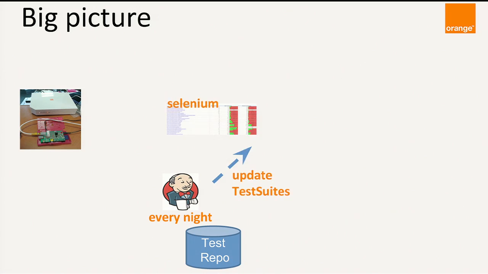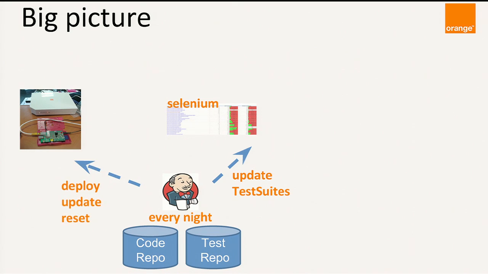It updates the Selenium context. It also retrieves all the code of our TV applications. It deploys this code on the STBs, reboots them, resets the context, as for any embedded device, as we've seen this morning. And it runs the test suite.